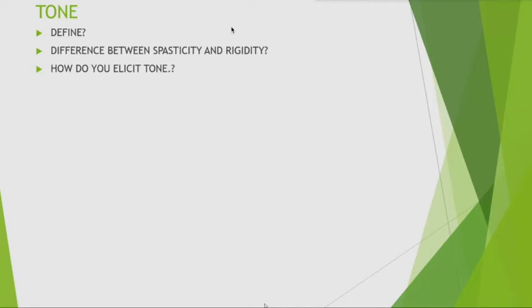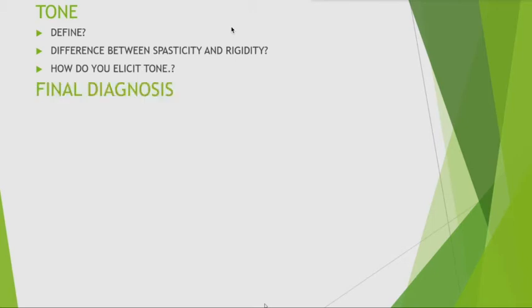Rigidity, slow movements, slow motion. So rigidity occurs in both anti-gravity muscles and pro-gravity muscles. Spasticity is specifically for anti-gravity muscles. So distribution is different, and the speed with which you elicit is also different, and the inference also is different.